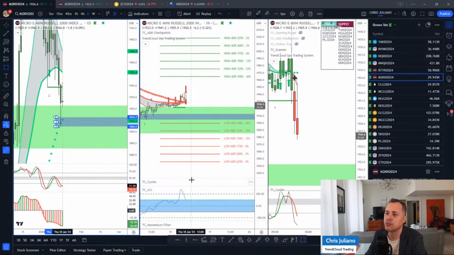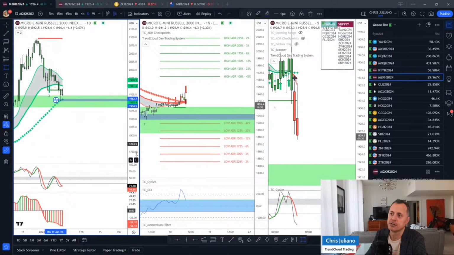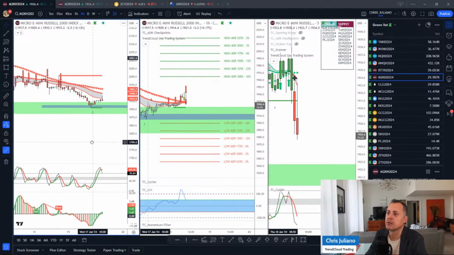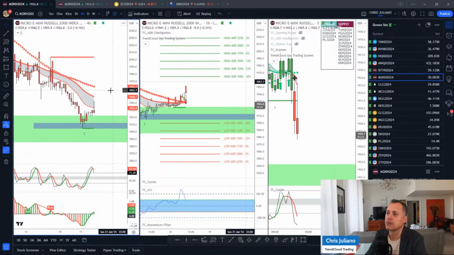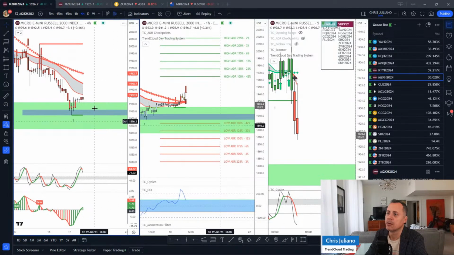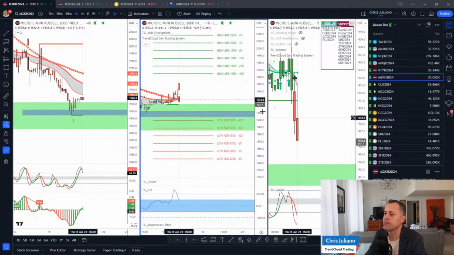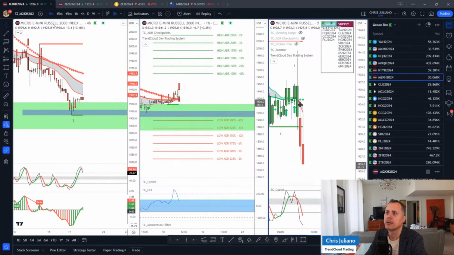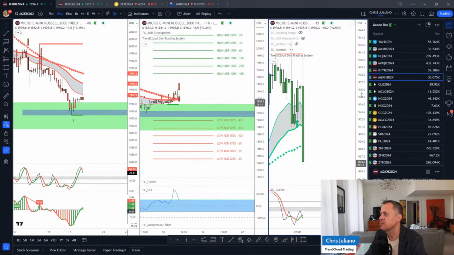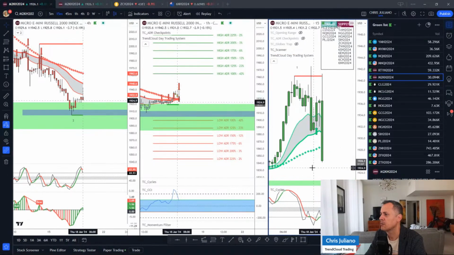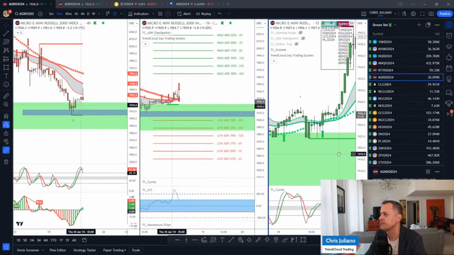Let's make it blue. The big blue wonder, 4-hour chart. We're going to be making some observations there. Big rejection on that 15-minute chart there. Wants to pull back.